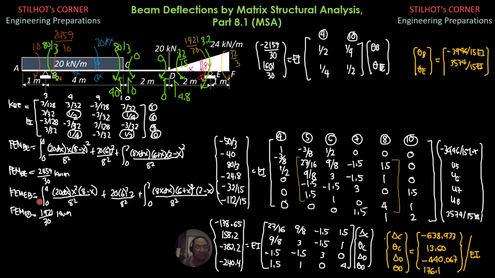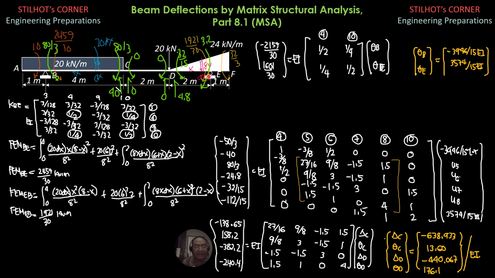Then for EB, we copy the integrals and the terms above, interchange the quantity that is squared only, and you will get 1921 over 30 kilonewton meter as shown. So the net loading at B therefore is 10 minus 2459 over 30, so that's negative 2159 over 30.